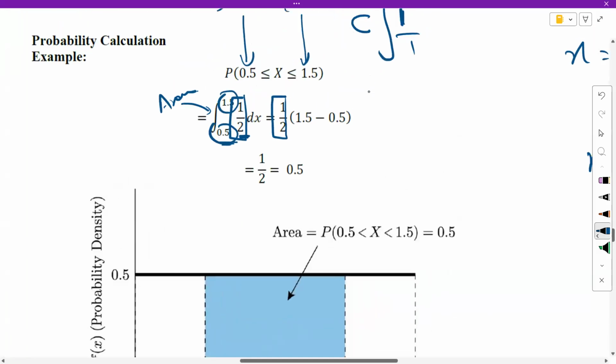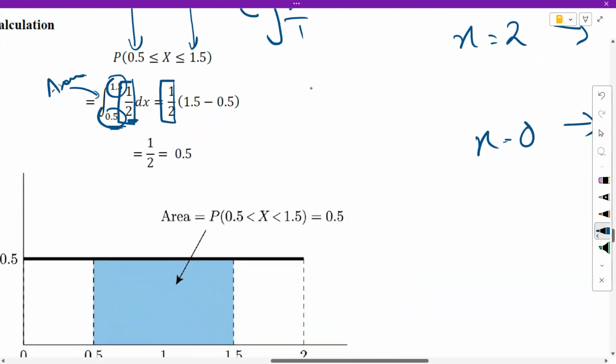So the integral of 0.5 dx. Now we bring this out, so 0.5, and x to the power 0, dx.